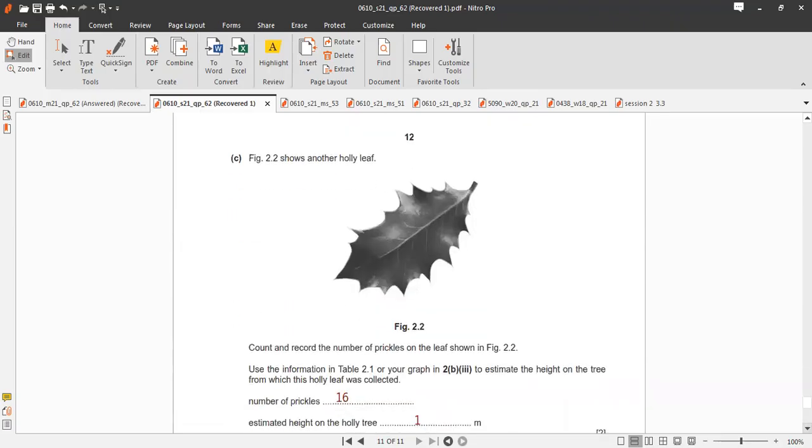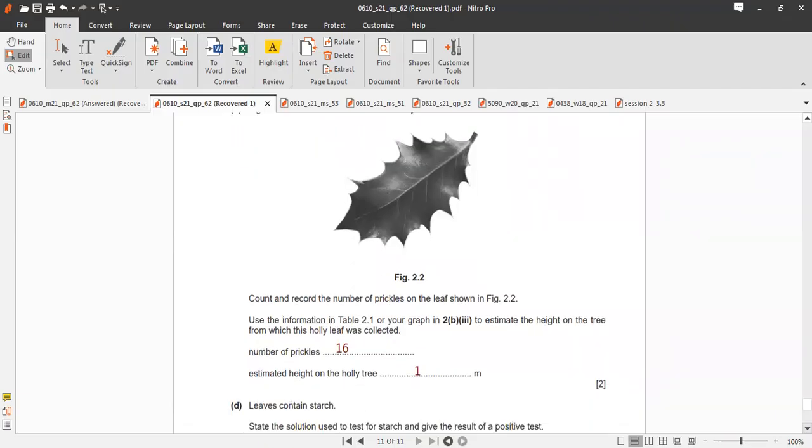C. Figure 2.2 shows another holly leaf. Count and record the number of prickles on the leaf shown in figure 2.2. Use the information in table 2.1 or your graph in 2B to estimate the height on the tree from which this holly leaf was collected. Number of prickles.